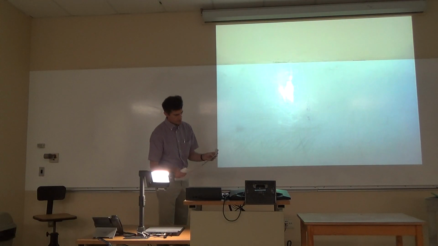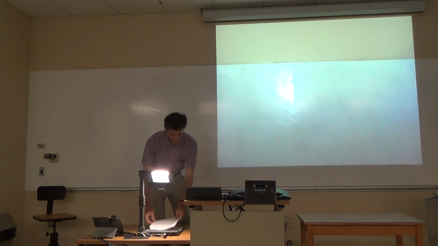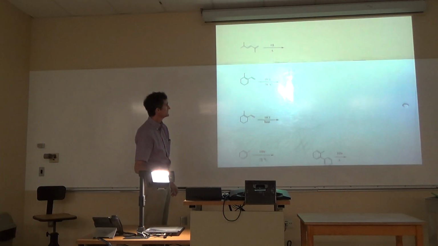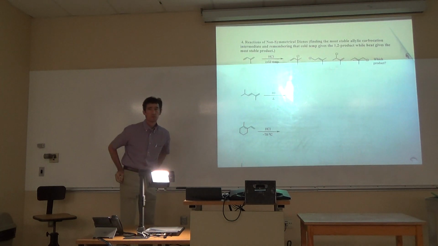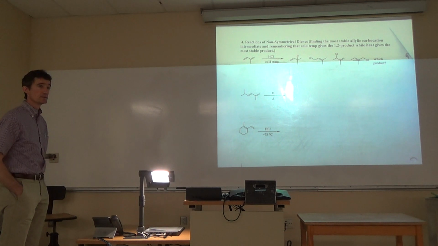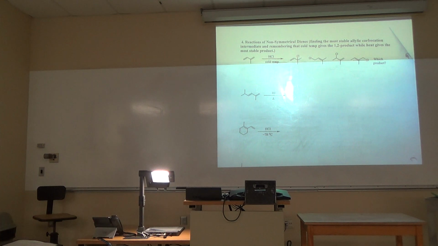Let's see how we did here. Any questions about the 1-2 or 1-4 additions? The answer key is in there. Any questions about these? So when you look at the most stable one between two different possibilities, alkene stability trumps carbocation stability?